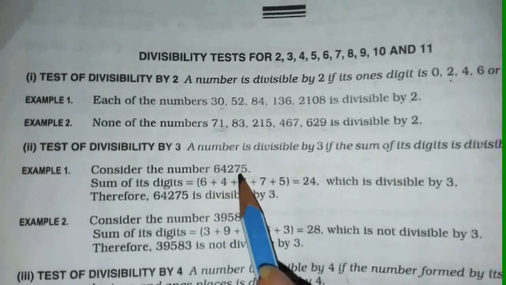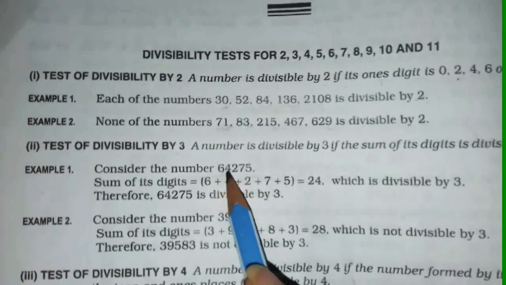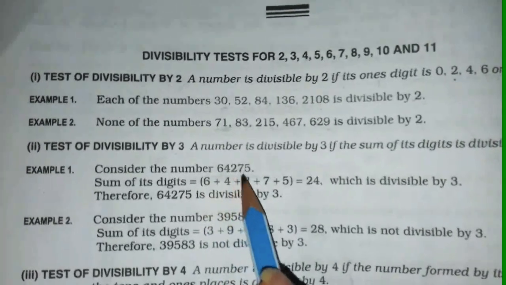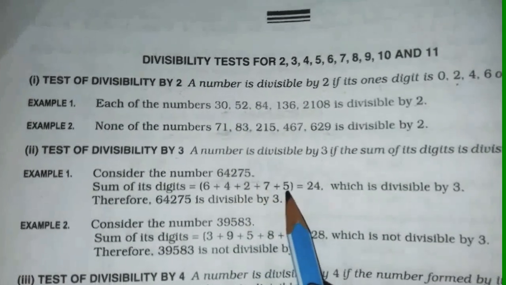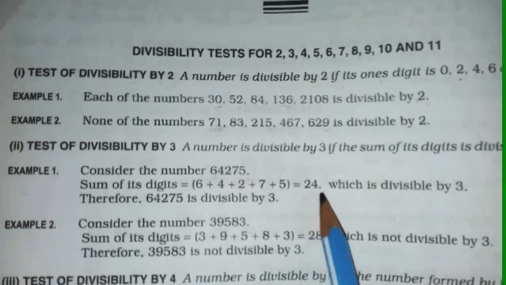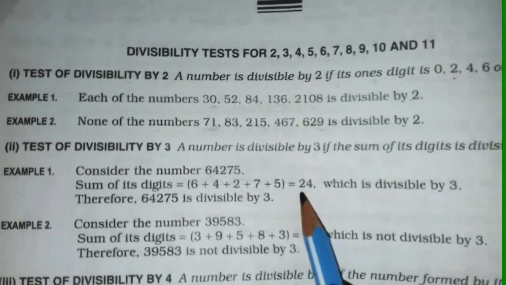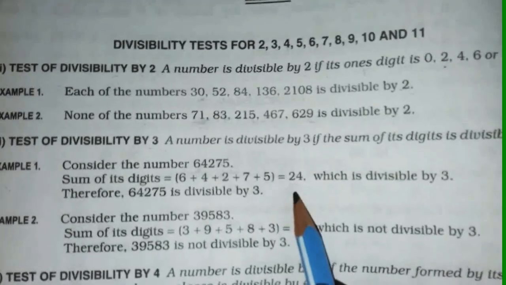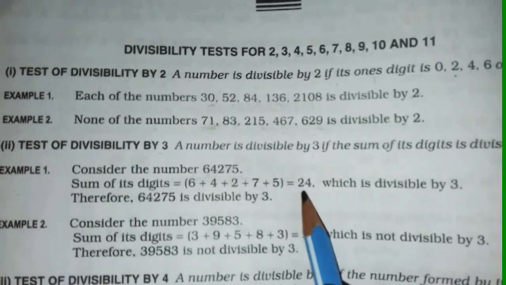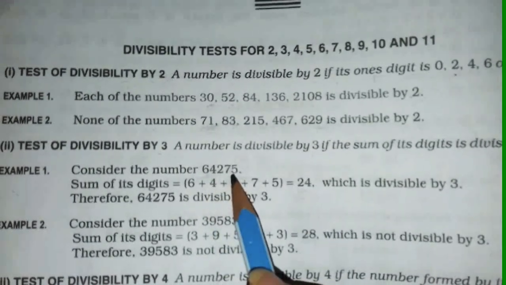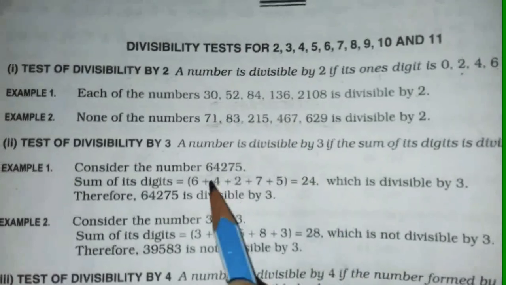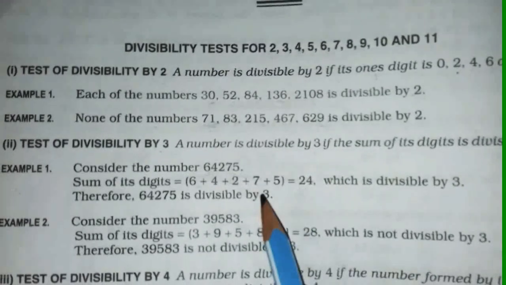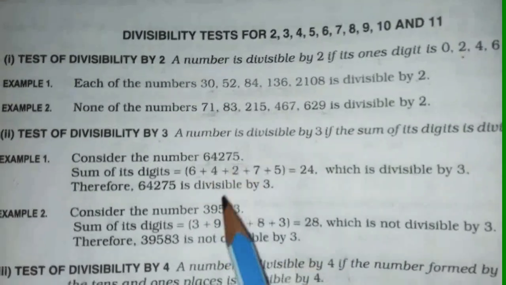First we have to find the sum of the digits: 6 plus 4 plus 2 plus 7 plus 5 is equal to 24. Now, is 24 divisible by 3 or not? Yes, 24 is divisible by 3. 3 eights are 24. Therefore, this number is also divisible by 3. If the sum of digits is divisible by 3, then the number is also divisible by 3.